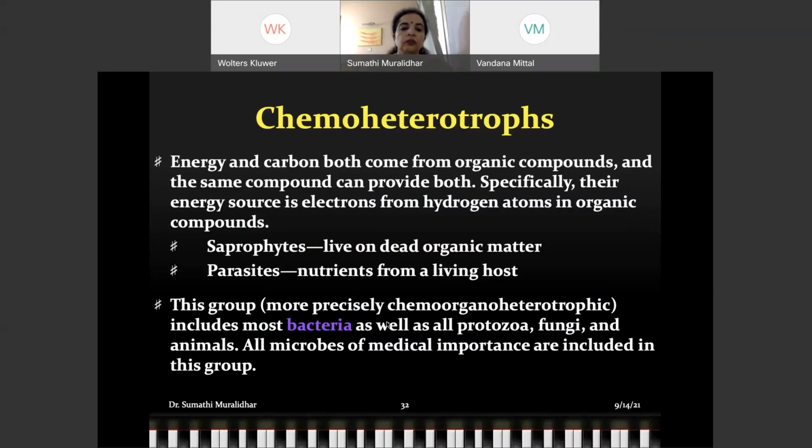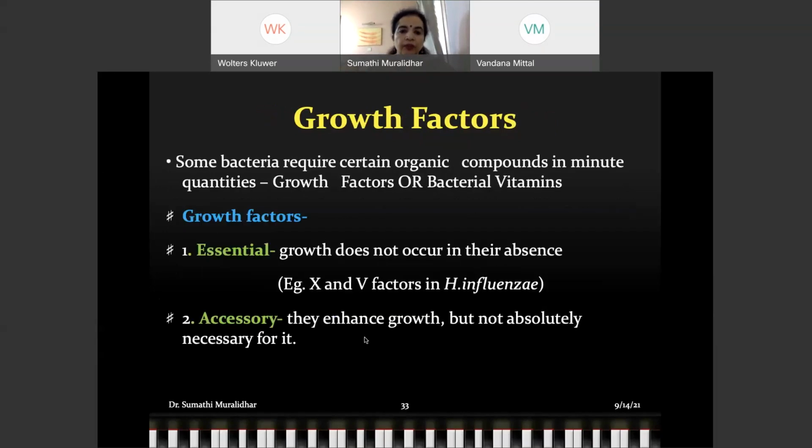So this again, you must be knowing from your biology classes in school. So we'll be talking about the parasites, which are the bacteria. This group includes most of the bacteria as well as the protozoa, fungi, and other higher animals. So the chemoheterotrophs are the microbes of medical importance.